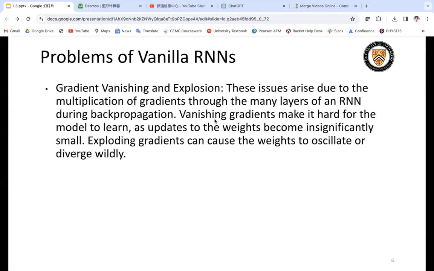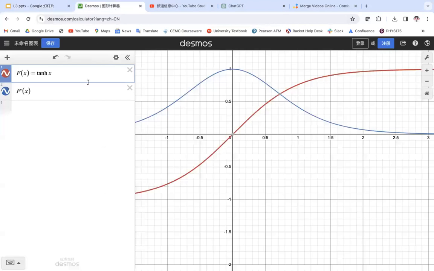Now we'll talk about some problems of vanilla RNNs. The first one is called gradient vanishing. These issues arise due to the multiplication of gradients through the many layers of an RNN due to backpropagation. If we look at the curve of hyperbolic tangent, it looks like this. If we look at the derivative, we can see that it's always less than or equal to 1.